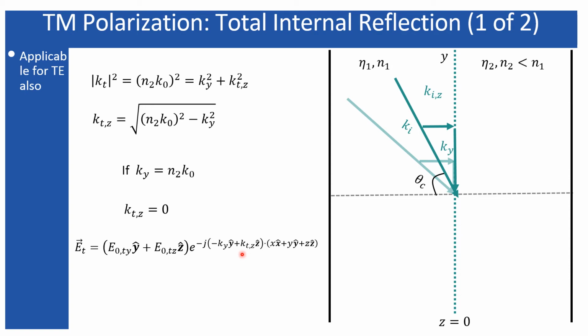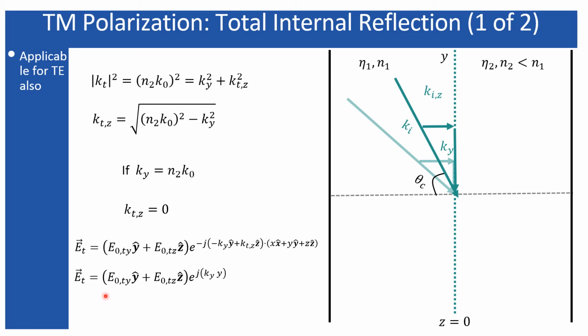In the medium 2, the y component is equal for all the incident, transmitted and reflected waves. But right now, that condition, that the y component equals n2 times k naught, makes the z component of the transmitted wave vector 0. So this part will be 0, and the resulting electric field will be like this.